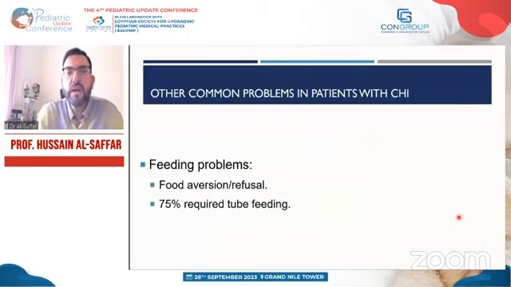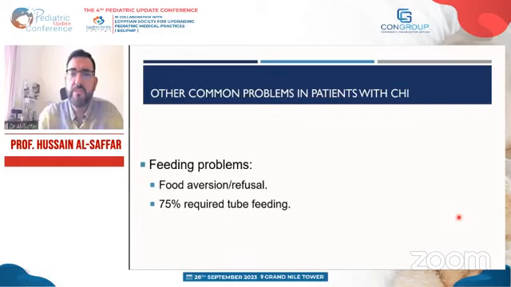Now, we need to be aware of some common problems in patients with congenital hyperinsulinism. Feeding problems are very common in those patients. Food aversion or refusal, especially in those patients who require tube feeding for a very long time. If the patient requires a nasogastric tube or orogastric tube for a very long time, 75% of them will have food aversion in the future.